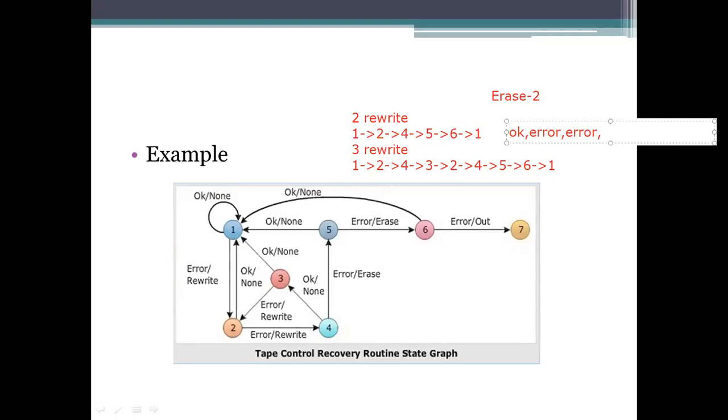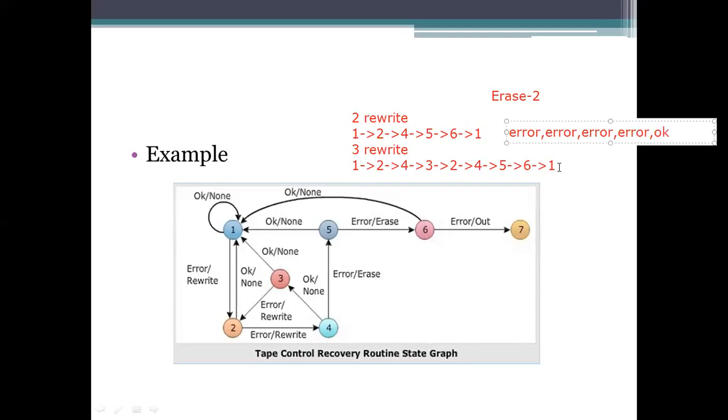Up to 6 to 1, each and every one will have the input error. 1 to 2 is an error, and 2 to 4 is an error, 4 to 5 is an error, and then 5 to 6 also an error. But at the last we need to take okay.